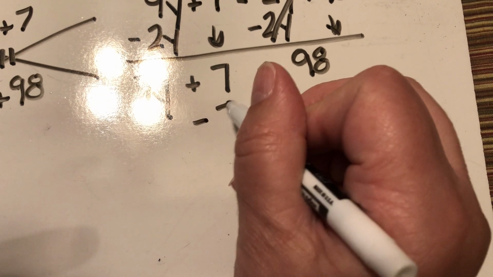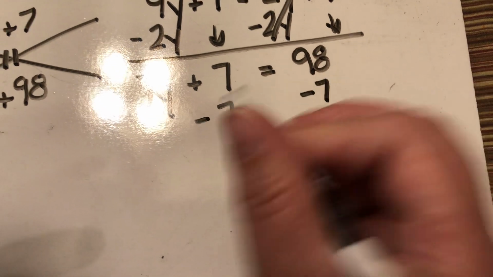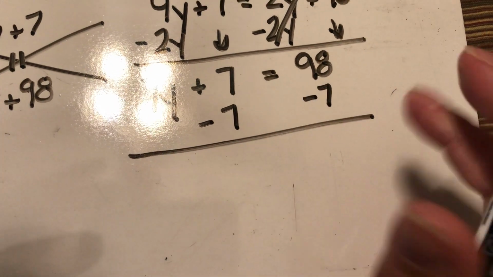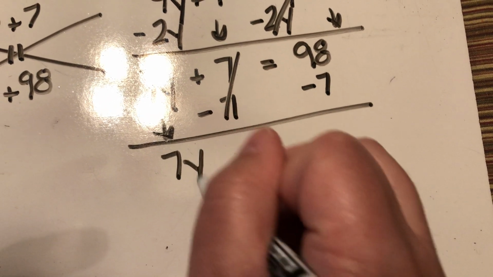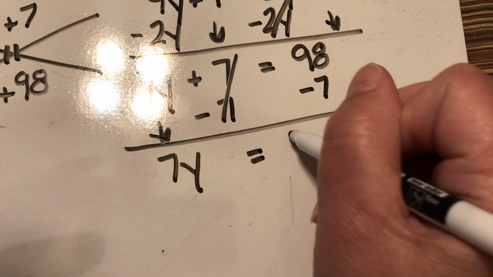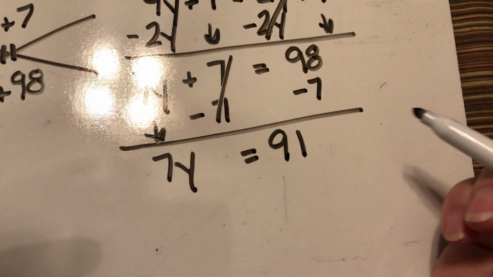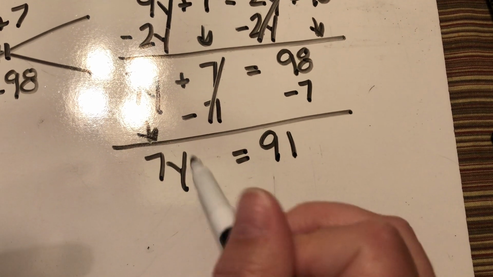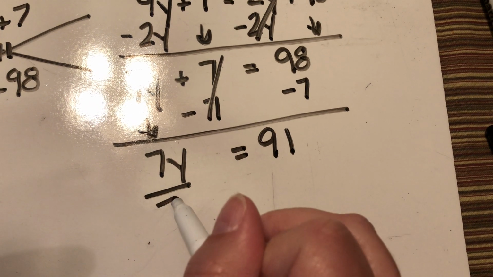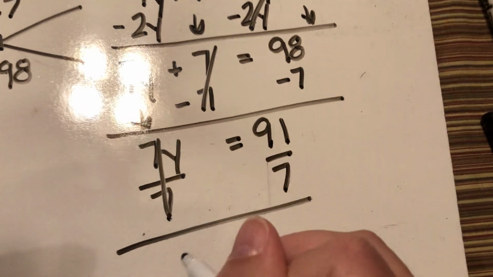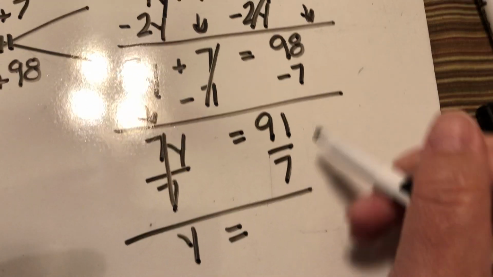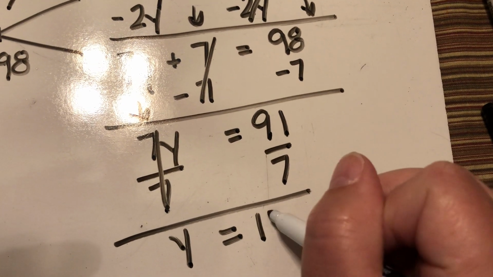So I'm going to do minus 7 on both sides, because I have to keep it balanced. I'm left with 7y equals 91. And then I have to get rid of the multiplication by doing the inverse of dividing. And I'm left with y equals 13.